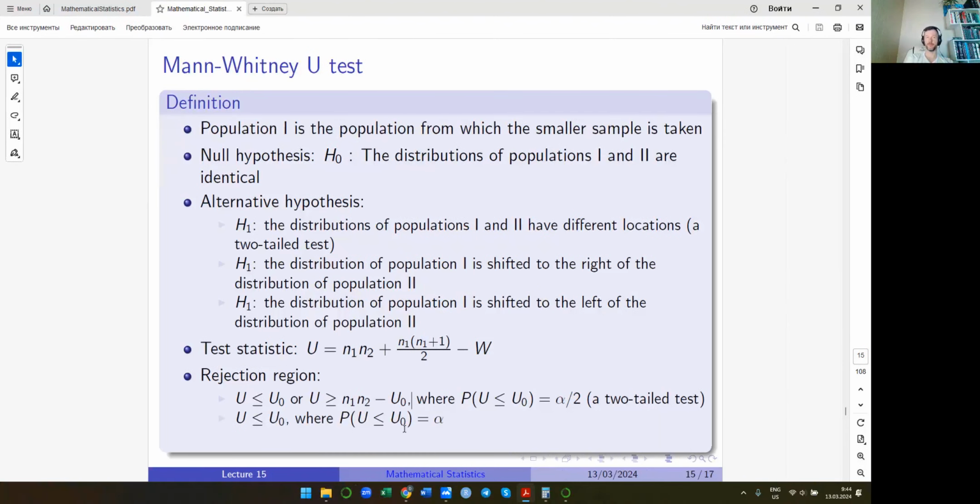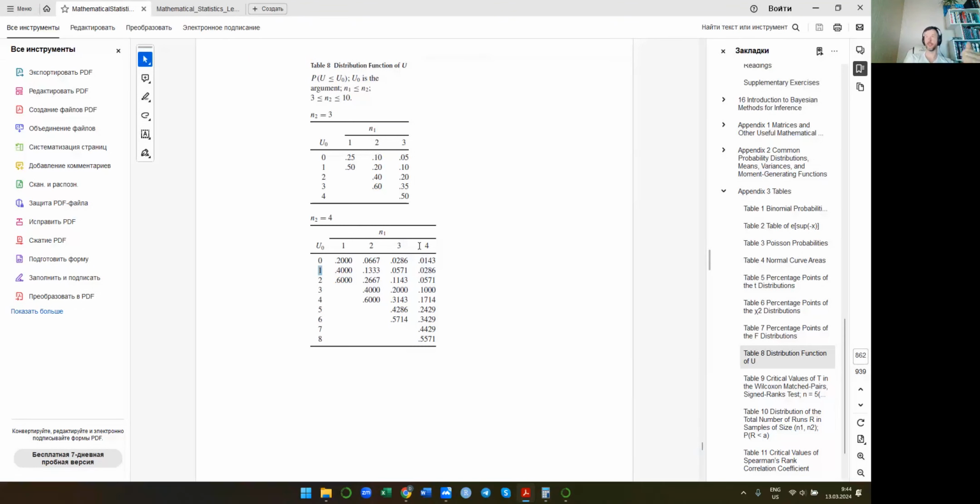For the left-tailed test, we have to take U0 such that the whole probability equals alpha. So in our case, if we want to test the left-tailed alternative, we would take U0 equal to 2, because the probability is almost 5% here.